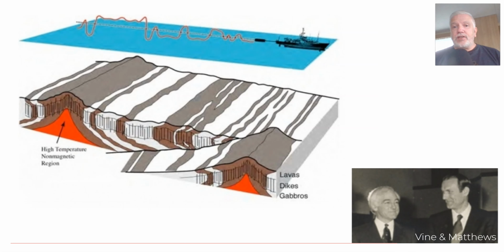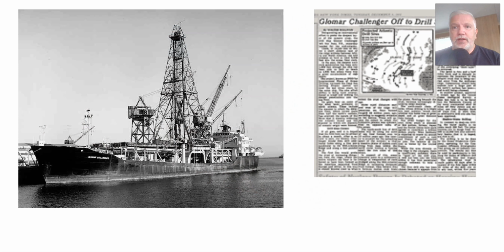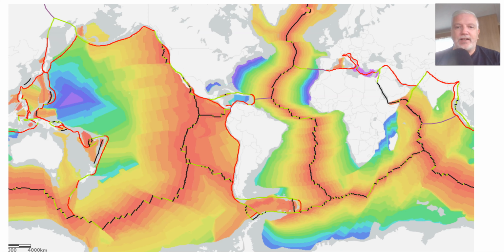The final piece of evidence, just to get locked in, came from the age of the seafloor, and this came from this ship in particular, the Glomar Challenger, that did a lot of drilling down through the sediments on the seafloor to the actual rock beneath to be able to date the rock. And what we discovered was this pattern, now a very, very famous pattern of the age of seafloor.